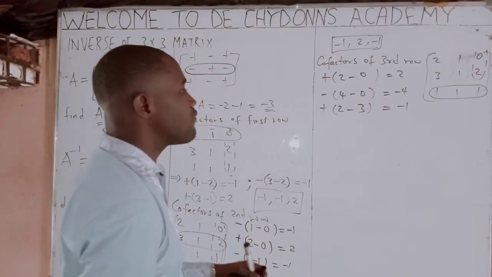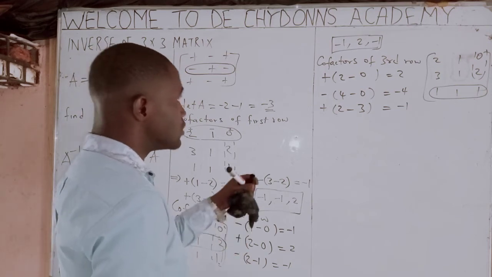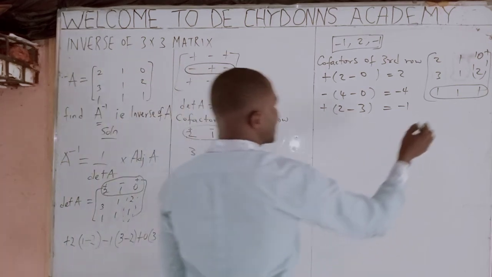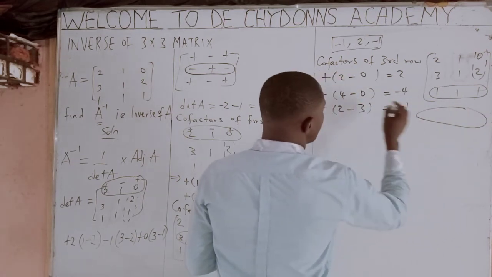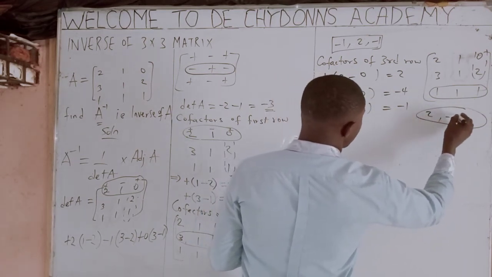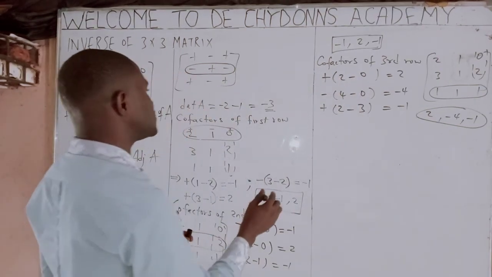So finally we have gotten the answers for the cofactors of the third row. What do we have for the cofactors of the third row? We have 2, minus 4, and minus 1. So let's package their cofactors.